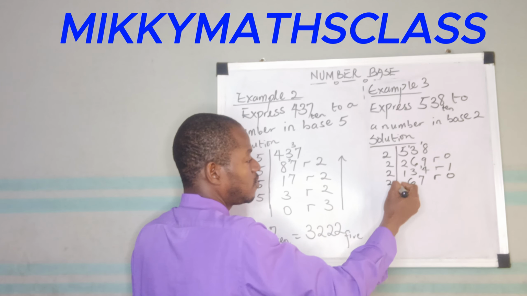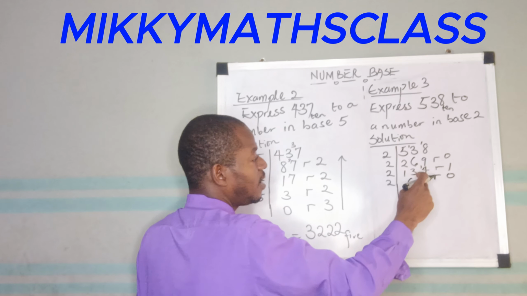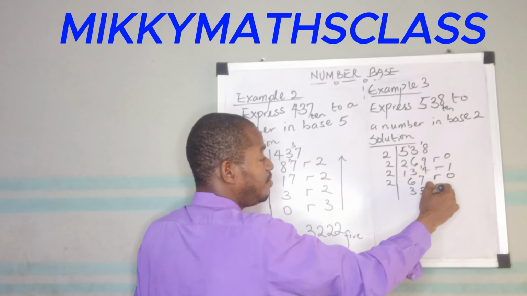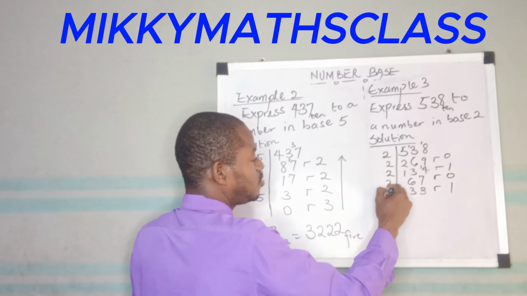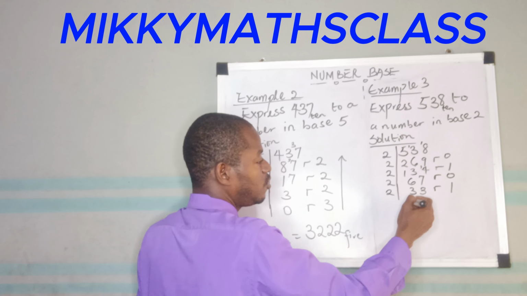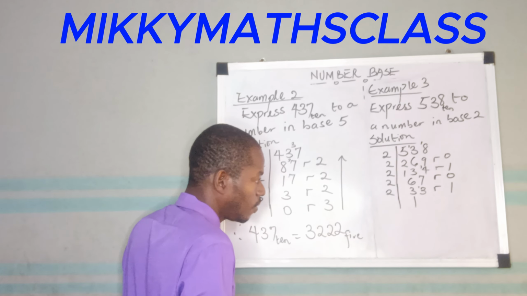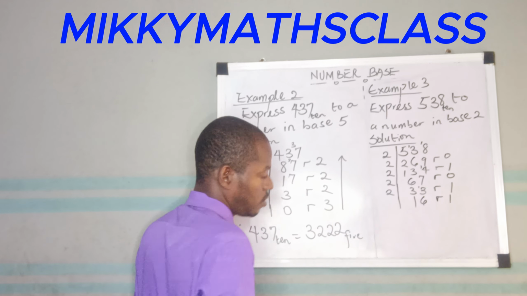Let's go again. 2 in 6, that will give us 3. 2 in 7, that will still give us 3. Remainder 1. Now let's go. 2 in 3 is 1. Remainder 1. 2 in 13, that's 6. Remainder 1.